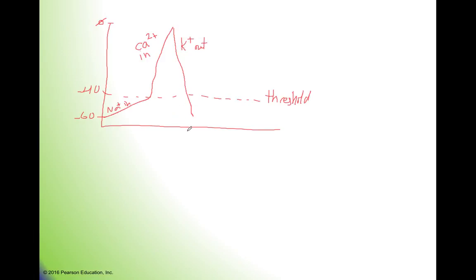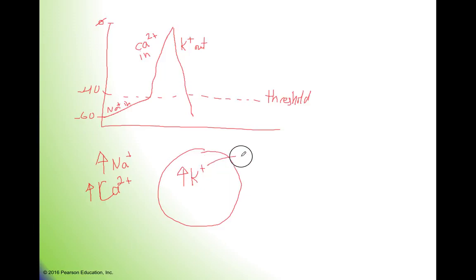Anytime we're looking at ion concentration, and this is the one I want you to really understand, sodium and calcium are going to be the 2 ions that are high outside, and potassium is the ion that's going to be high inside.